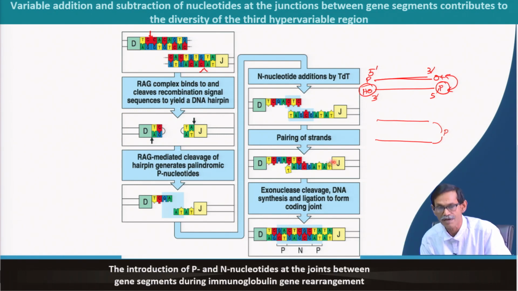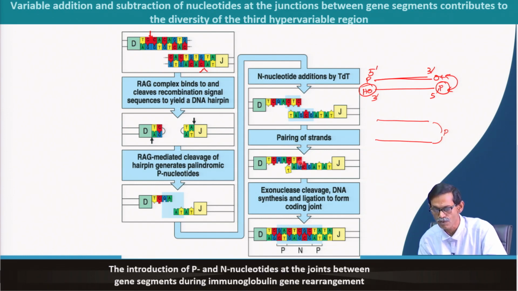These DNA ends are very close together because the other proteins kept them together. So, it will continue this way, and the other sequence will continue this way. As this addition of nucleotides is random, and because there are only 4 nucleotides, there is not much variability.